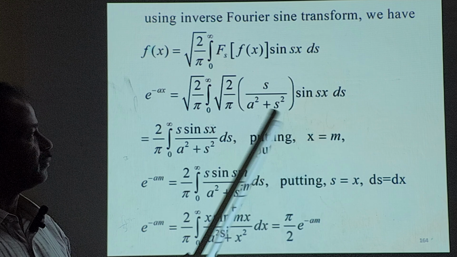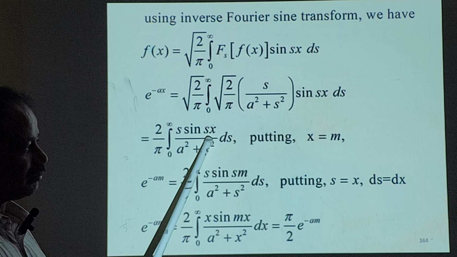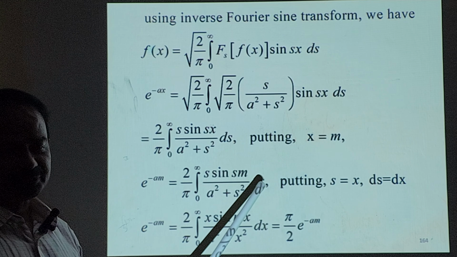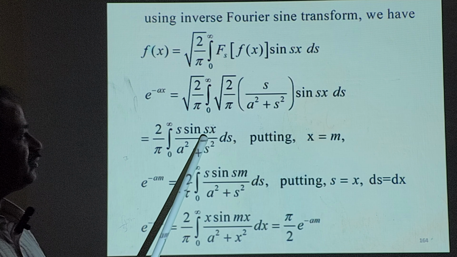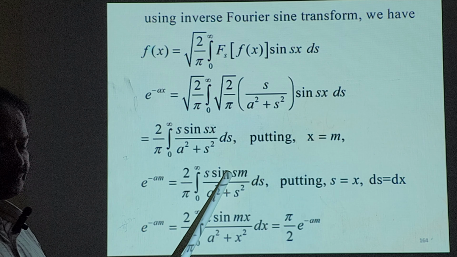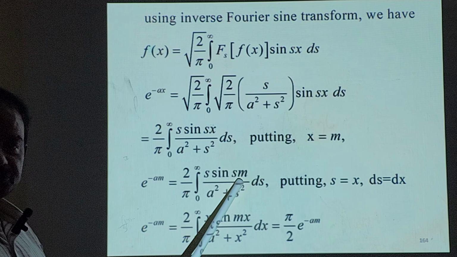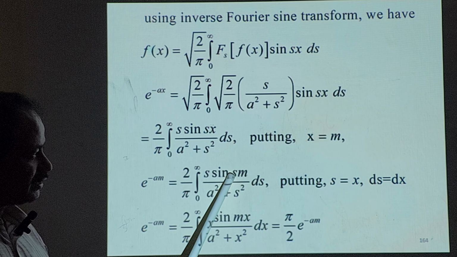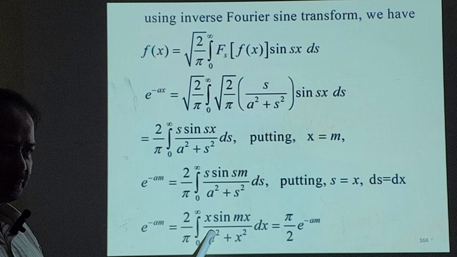Putting x equal to m, instead of x you just substitute m. Instead of s, you just substitute x. So putting x equal to m will give us sm. Wherever you find x, just substitute m here. Wherever you find s, you substitute x, and ds becomes dx. So that will give us this expression.